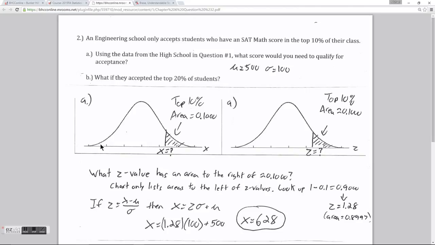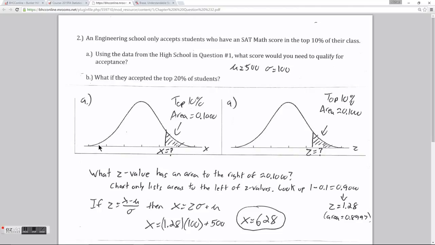So thinking about our SAT scores, we have a normal distribution, and the top 10% of scores would be on the right side of my distribution, or the larger X values, or the bigger SAT scores. So the question we're asking is, what is that SAT score that's the cutoff to be in the top 10%?